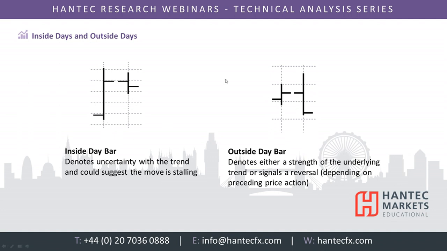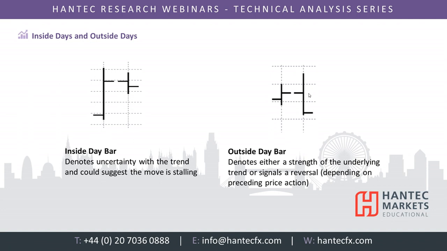Now, even more interesting than that, I think, is the outside day, whereby you have the whole of the trading day outside the previous day or previous session period, whatever you choose to be trading. So you've got the high above the high, the low below the low, and depending on where you close will show whether the bulls or the bears are in control.